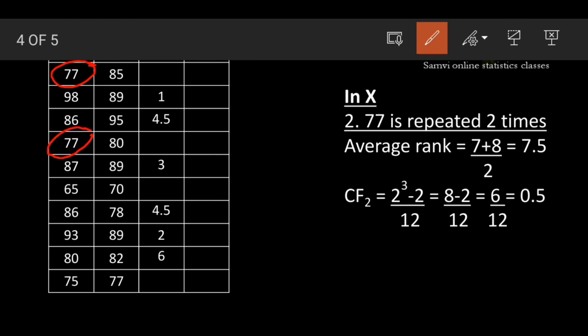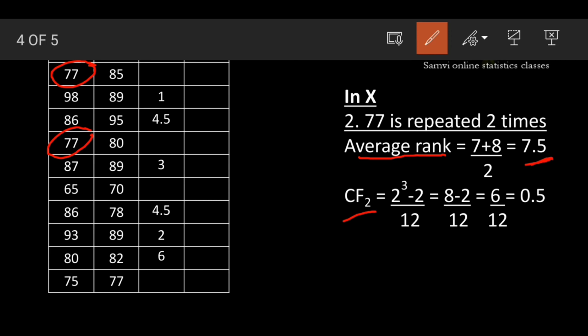So we have to find the average rank. The next rank is the 7th rank, the next one is the 8th rank. Take the average: 7 plus 8 divided by 2, that means 7.5. So wherever 77 appears, we allot the rank 7.5. Understood? Next we have to find the correction factor here. 77 is repeated twice.